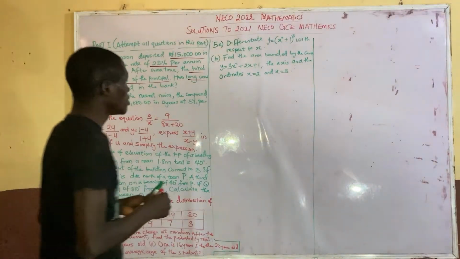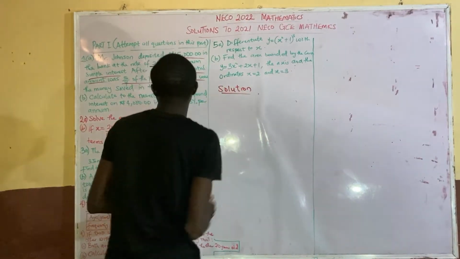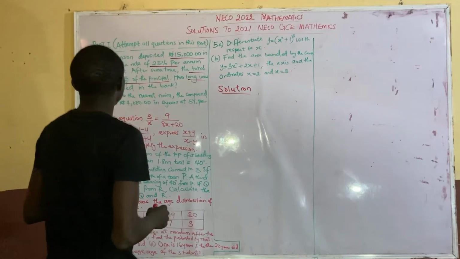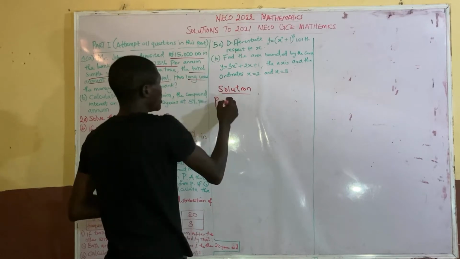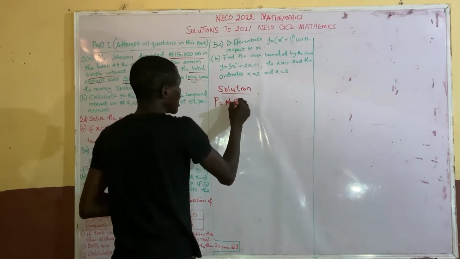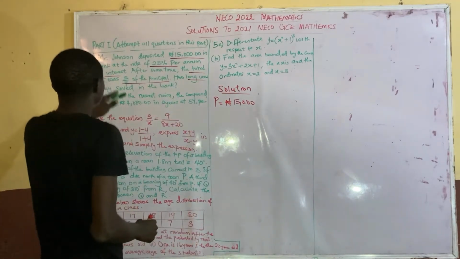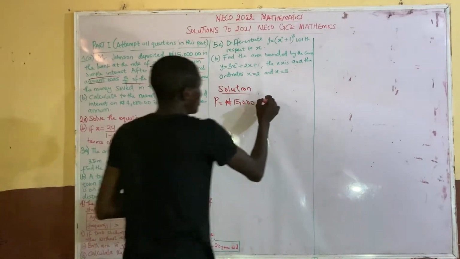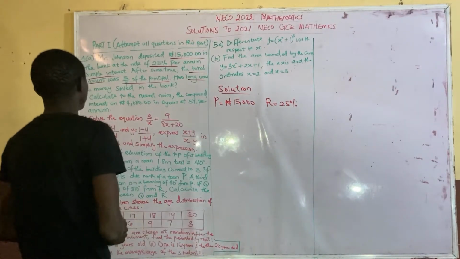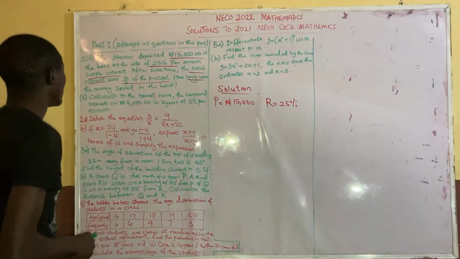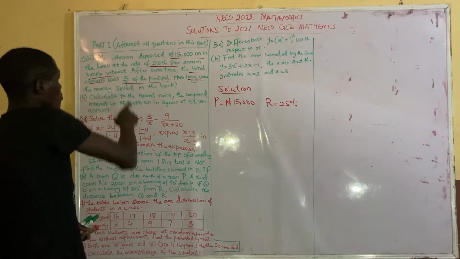Now let's go into the solution. Here is the information about the question. The principal is the money deposited, which is 15,000 naira, and the rate is 25%. After some time, the amount was 5/4 of the principal.